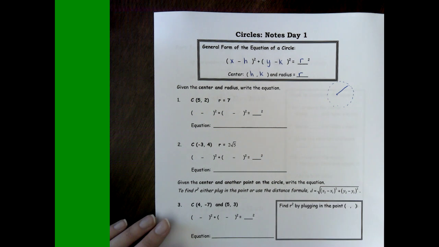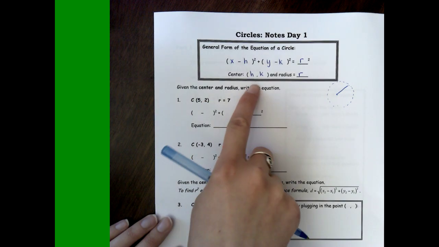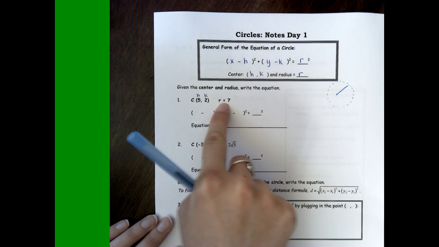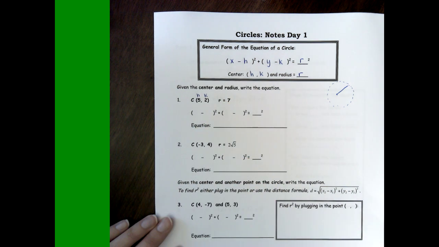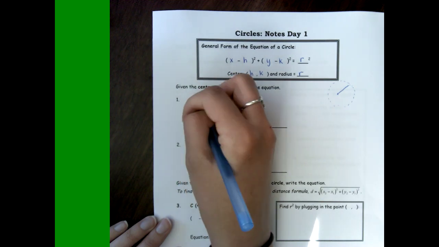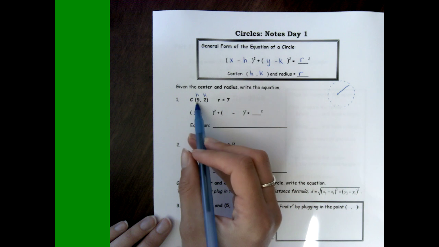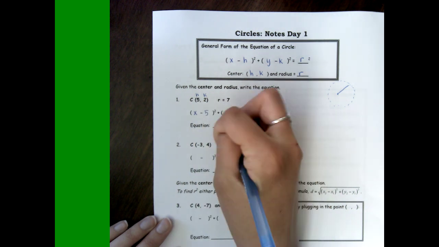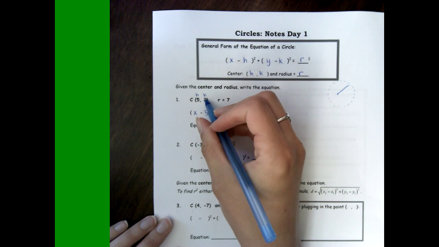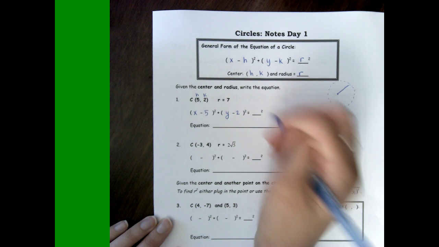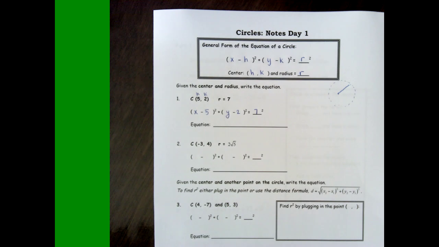So the center here is (5, 2), and again, the center is represented by h, k, and then r is 7. So we're just going to plug all of that into this general form of the equation. So we're going to have (x minus h, which is 5) squared, plus (y minus k, which is 2) squared, equals r squared, which would be 7 squared.